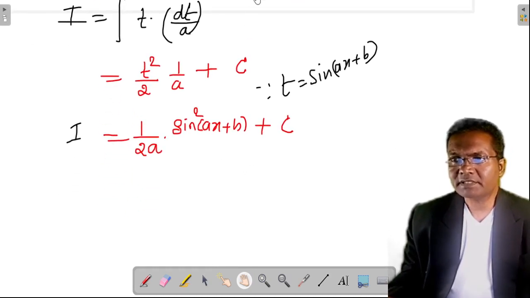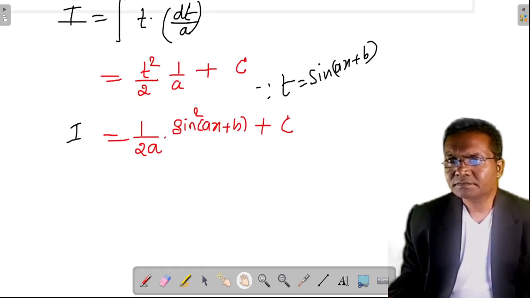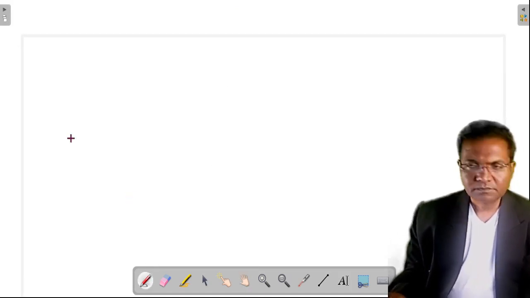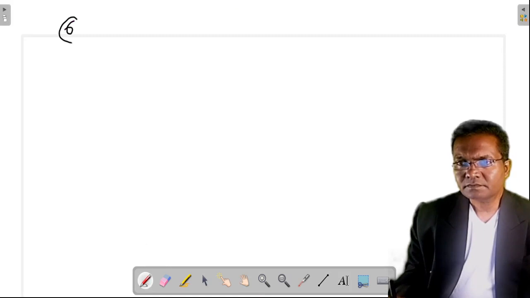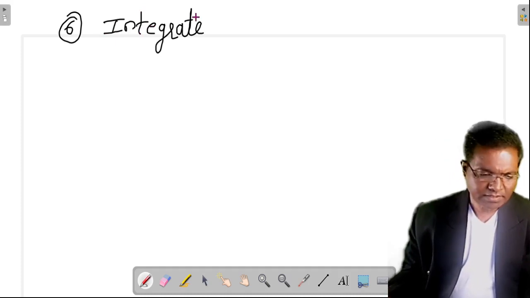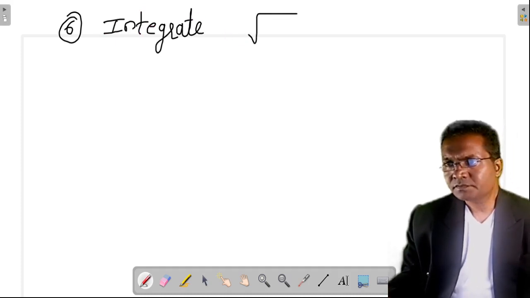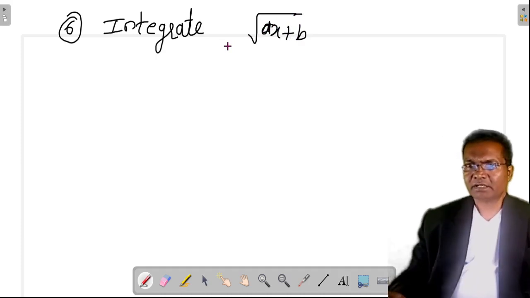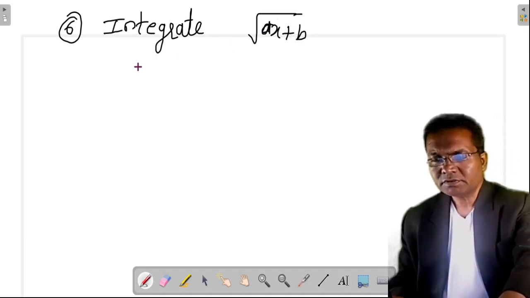Let us have the next example, the sixth one. Integrate square root of ax plus b.